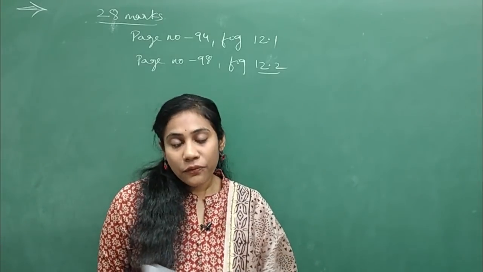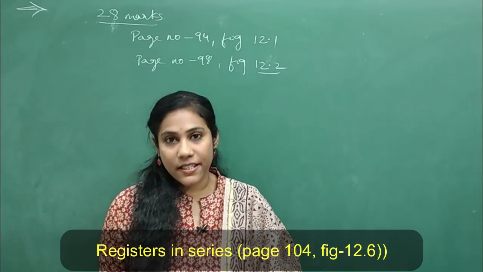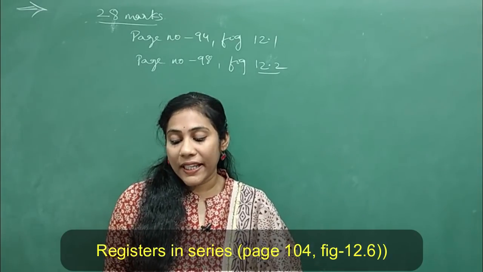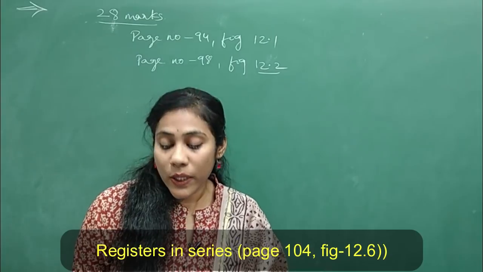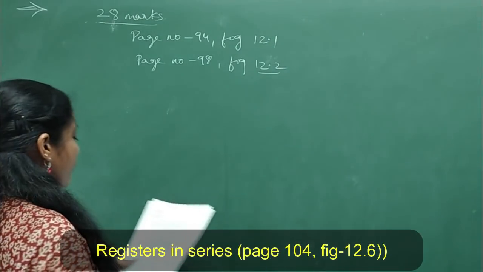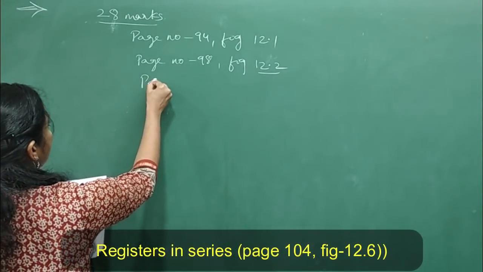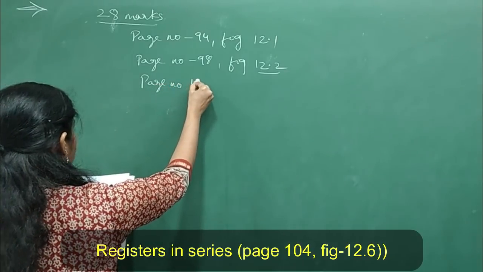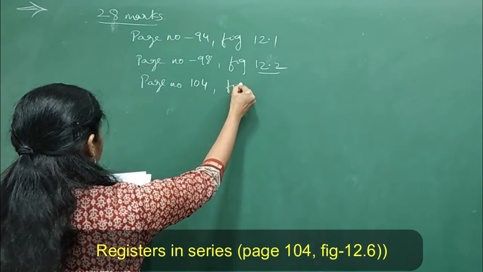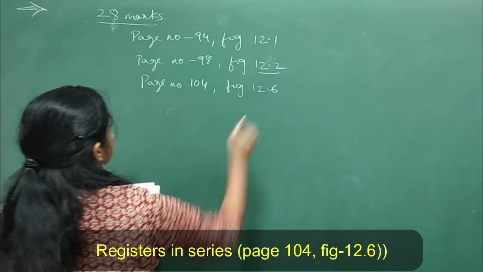And the third one, we all know, resistors in series. You have to show a circuit diagram relating to resistors in series, which you will observe on page number 104 and figure number 12.6.